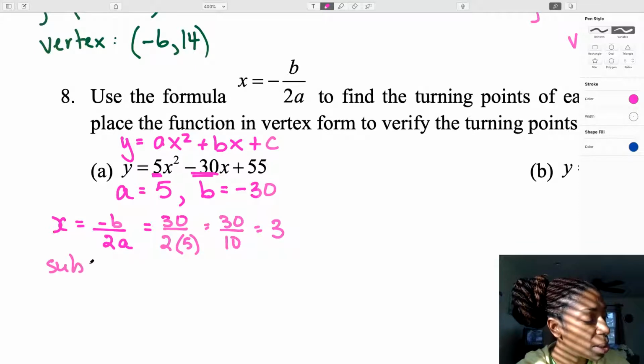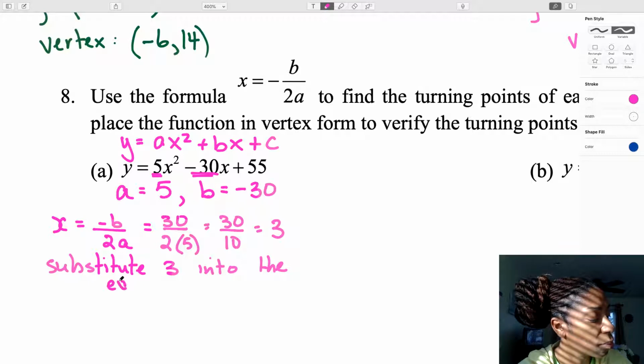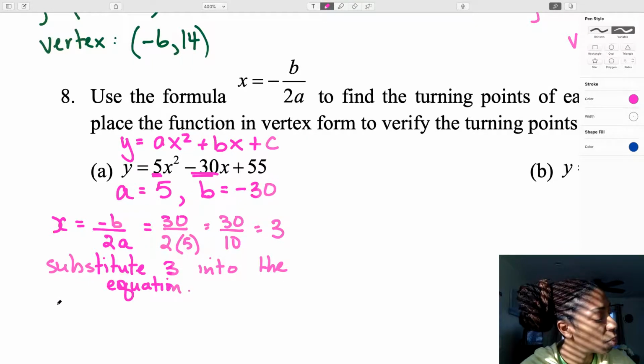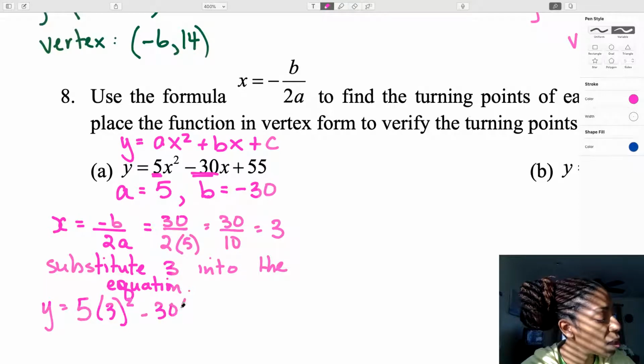I will substitute 3 into the equation. So y equals 5 times 3 squared minus 30 times 3 plus 55.